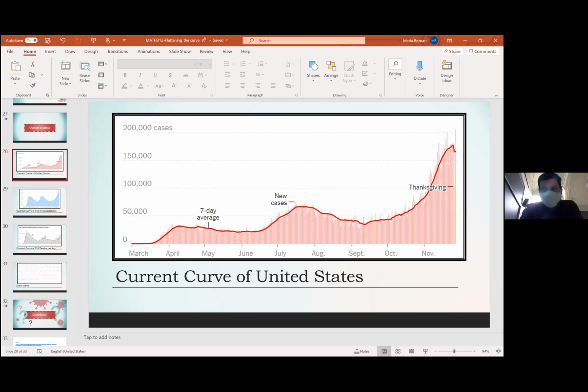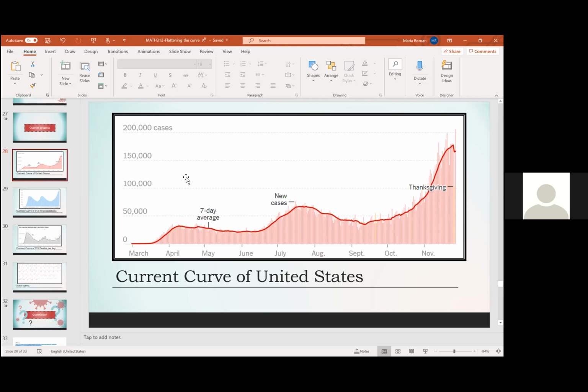Because the more testing that there is, the more cases you will discover. There was a plot of the curve of the daily tests that the US has performed. It looks more like a linear line going constantly up, if that's what you're asking.